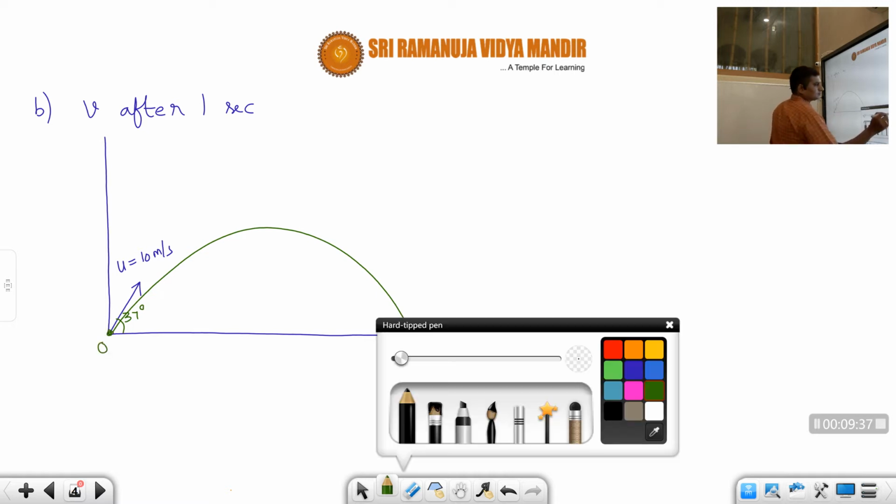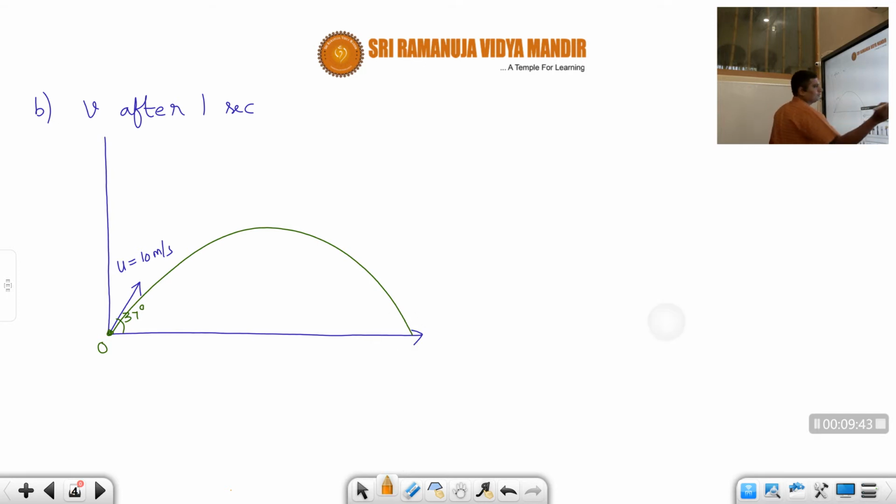Now let us see, students. As it is going like this, at 1 second we want the velocity, and we don't know at 1 second where it is. So let us say it starts from O and goes like this. Let us assume that this is the point A, where the time taken is 1 second.